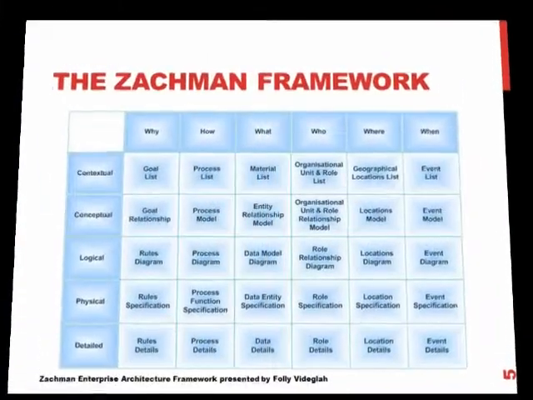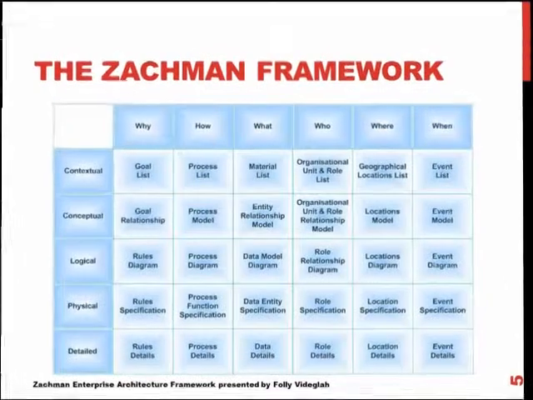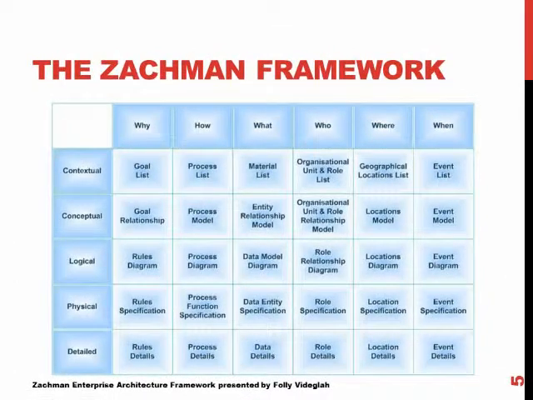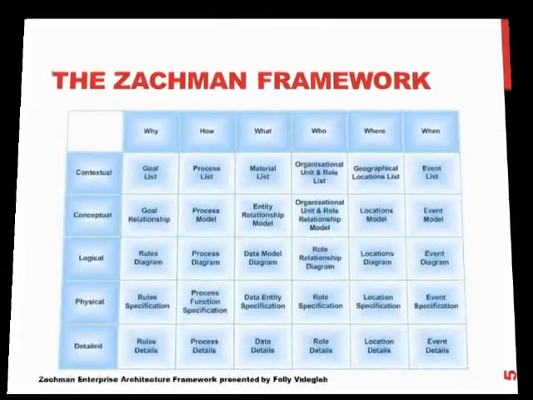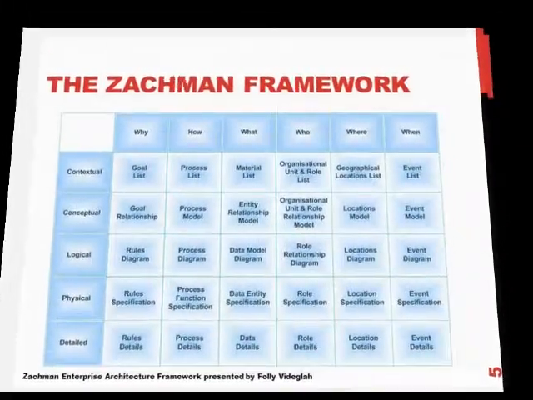The Zachman Framework has six columns: why, how, what, who, where, and when. On the other side, it has rows: conceptual, logical, physical, and detail. All of them form the 36 cells, which are supposed to be filled up. Without filling up every one of them, this framework is not complete.